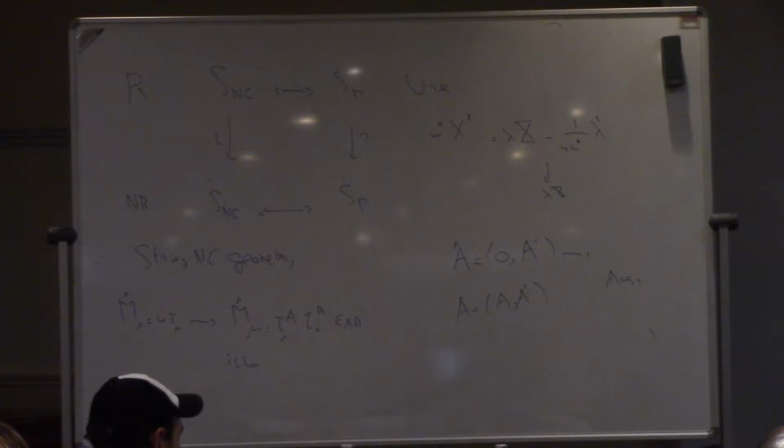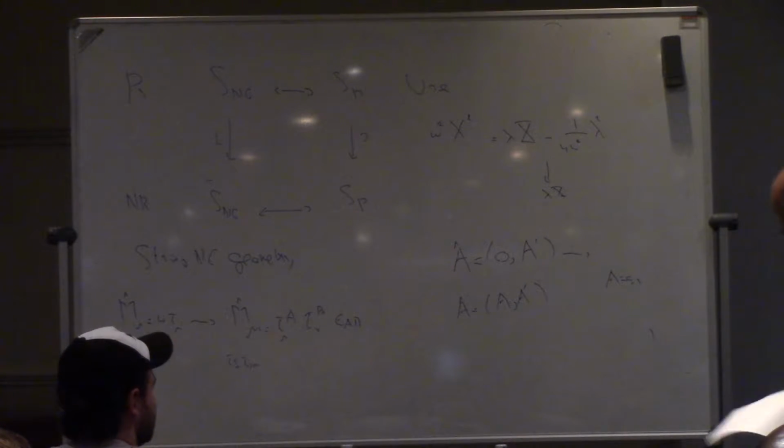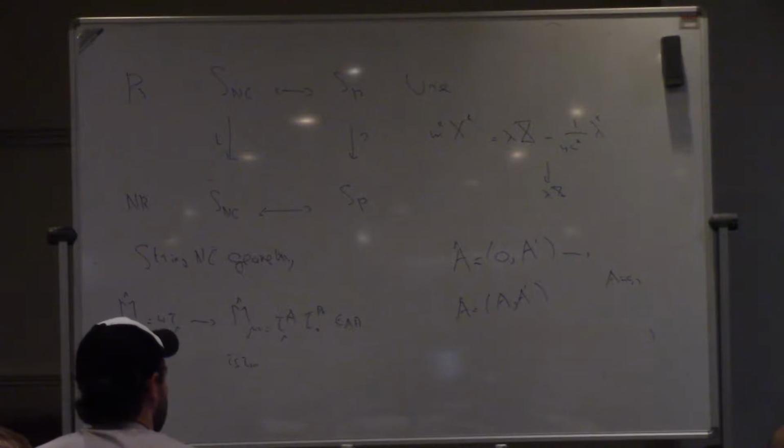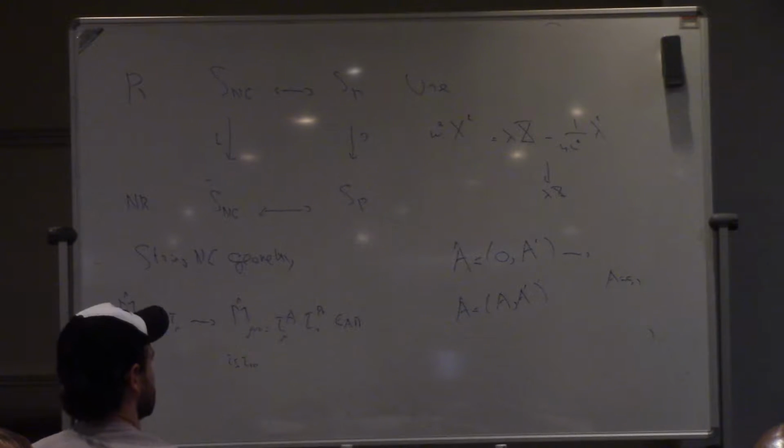This field is very unstable. So for Newton-Cartan geometry, I had a clock function, a tau mu A and an E mu A prime, and a center charge.